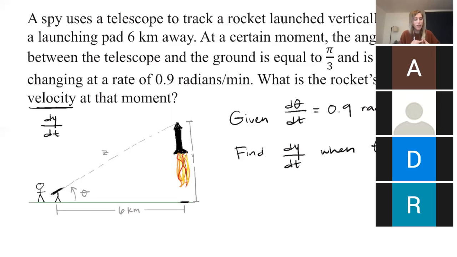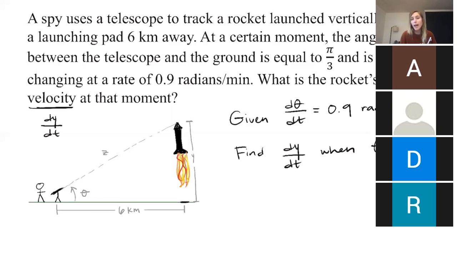So at the moment that the angle between the telescope and the ground is pi over 3, that's the moment we want to know the rocket's instantaneous rate of change, or its velocity. So we've stated the given rate and the rate we're trying to solve for. We need a relationship between the quantities that are changing that we care about. And I already talked about how we have 3 different quantities that are actually changing, and they're labeled in this picture. The thing is, we need to come up with an equation that has theta in it and has y in it.